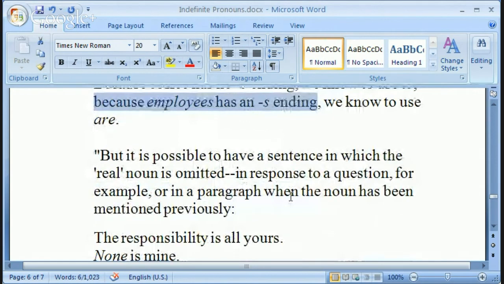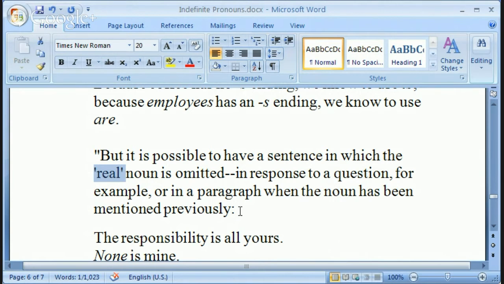Okay, it is possible to have a sentence in which the real noun is omitted, especially when we've already referenced the real noun, such as in response to a question, for example, or in writing in a paragraph when the noun has been mentioned previously. We are talking about pronouns. Pronouns are references to previously mentioned material, or already known or clearly known material.